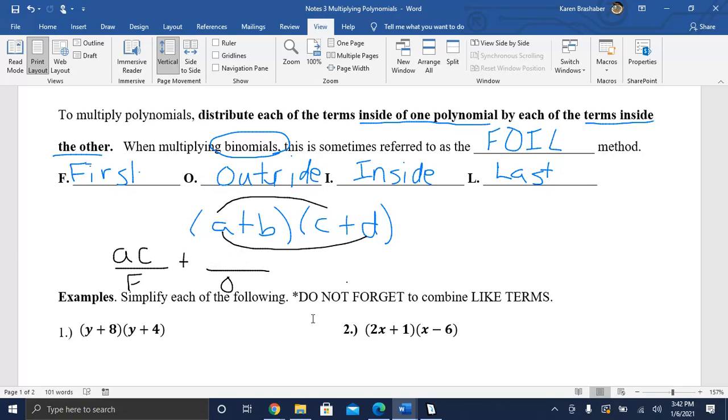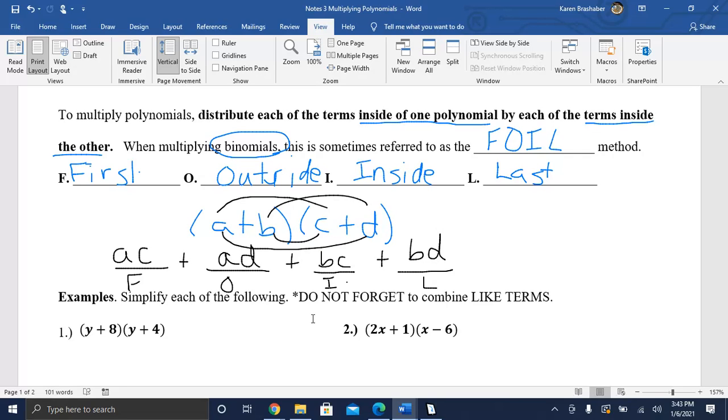And then the next terms would be the insides. That would be the b and the c. And then finally, the last terms, the b and the d, and that's where they get the idea of FOIL.